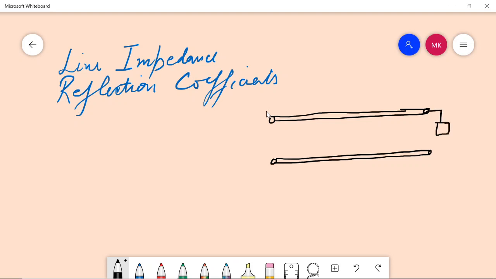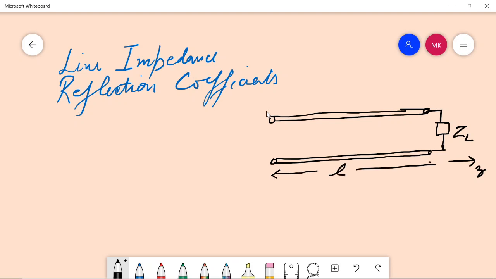That is the complex load you connected at the end point of the transmission line, and let the direction of this be Z in this direction. So here the Z axis is along this direction. So we have aligned the transmission line in the Z axis. Let's take the length of this transmission line to be L.